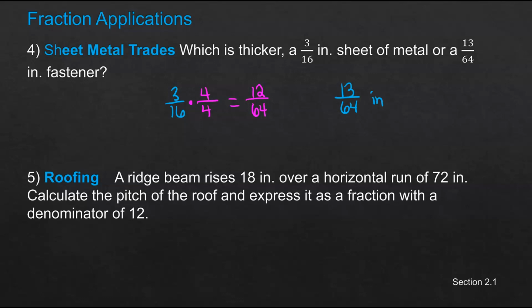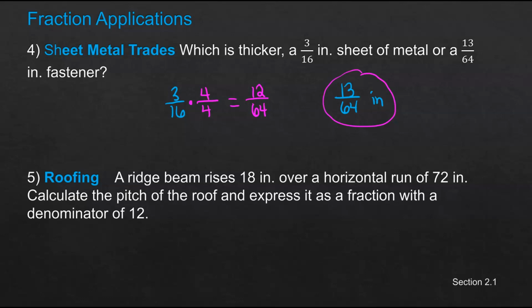So you can see then that 13/64 is larger than, or thicker in this case, right? It's thicker. So that will be the answer on this one. And that's enough work. What I've shown there is just showing that you rewrote this so you could compare the two, and 12/64 is smaller than 13/64, so therefore we find our answer.